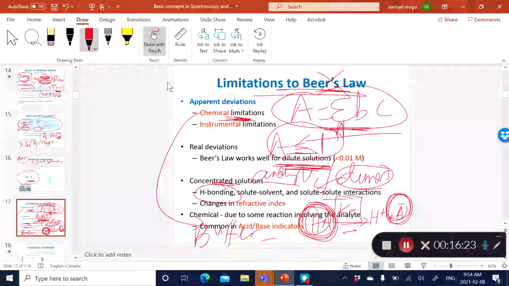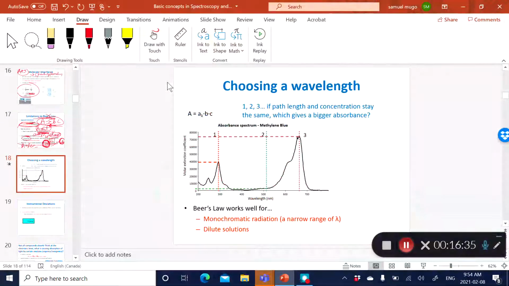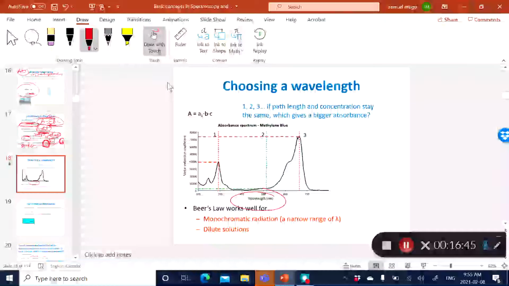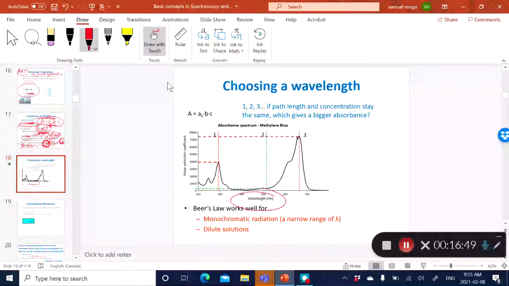Now, other than chemical limitations, of course, you also have instrumental limitations that actually affect the result for absorption spectroscopy. For example, the wavelength that you choose to use for your absorbance spectroscopy very significantly affects the sensitivity.